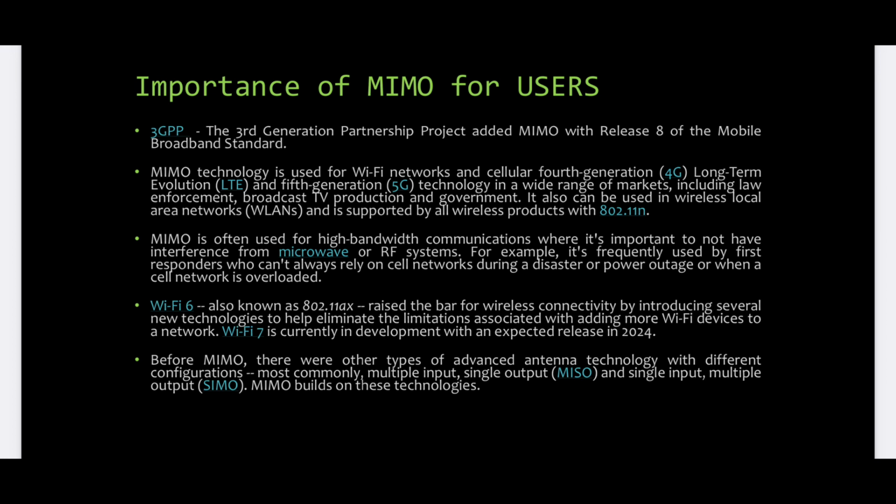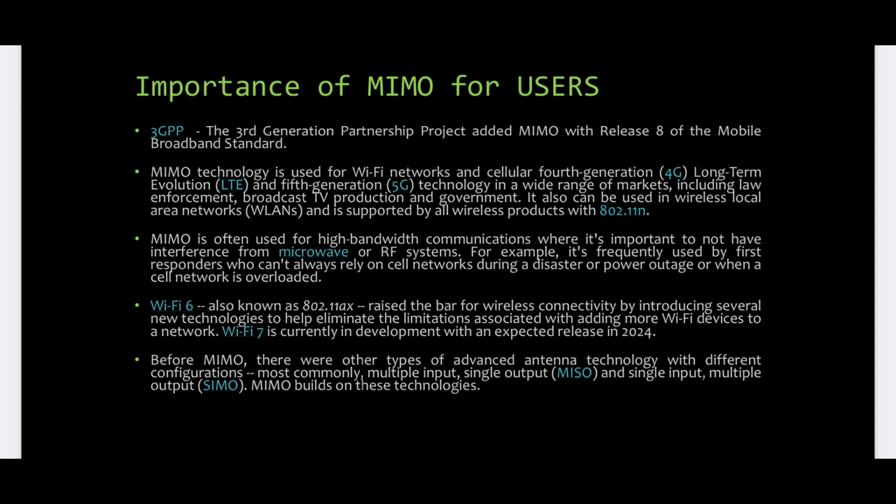MIMO technology is used for Wi-Fi networks and cellular 4th generation Long-Term Evolution, or LTE, and 5th generation 5G technology in a wide range of markets, including law enforcement, broadcast TV production, and government. It can also be used in wireless local area networks, or WLANs, and is supported by all wireless products with 802.11.